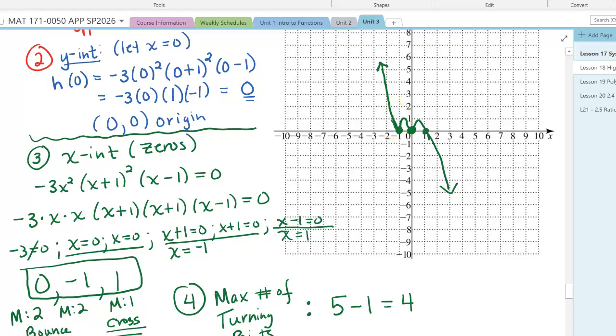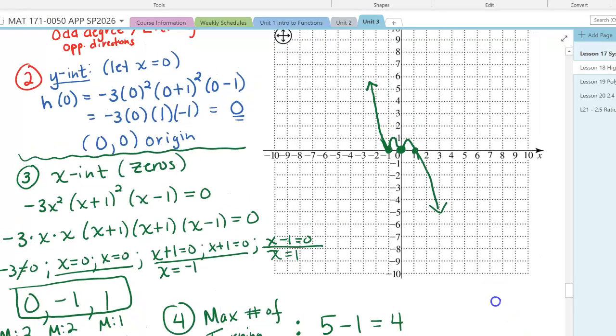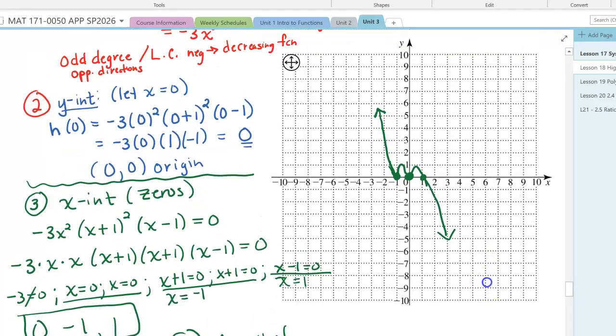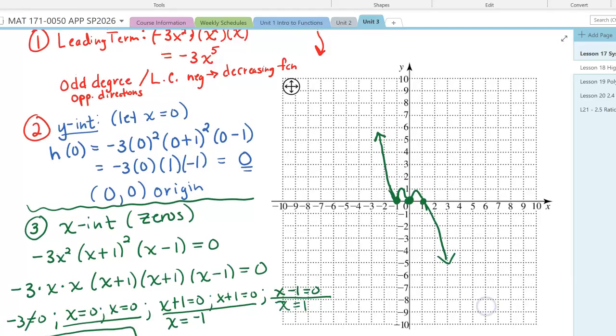So that is the graph of this polynomial. And we'll see it has 4 turning points, but only 3 x-intercepts, but 5 solutions because 0 and negative 1 were a solution twice.